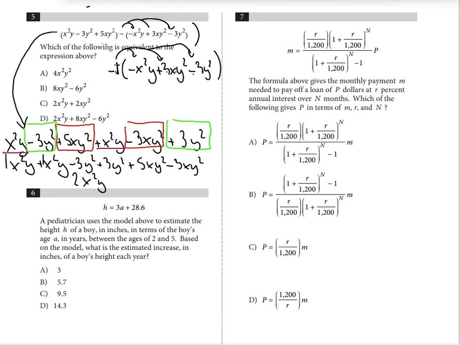Negative 3y squared plus 3y squared, so these cancel each other out, we're going to get 0 here. 5xy squared minus 3xy squared gives us plus 2xy squared, so we get 2x squared y plus 2xy squared, so our answer should be C here.